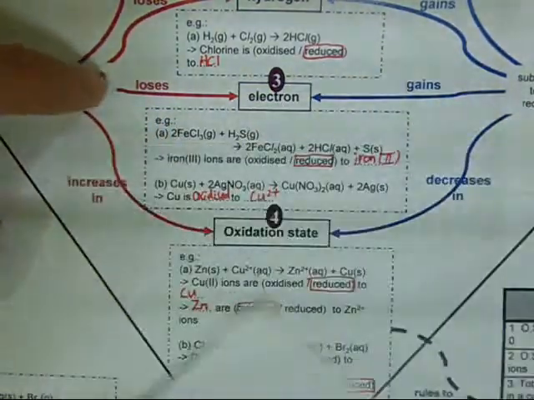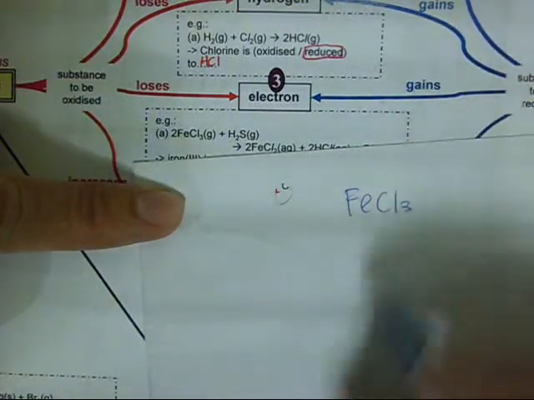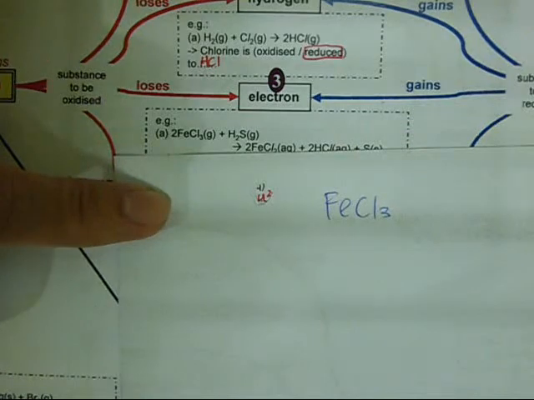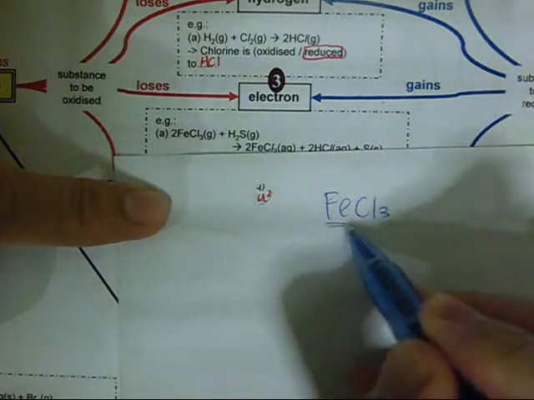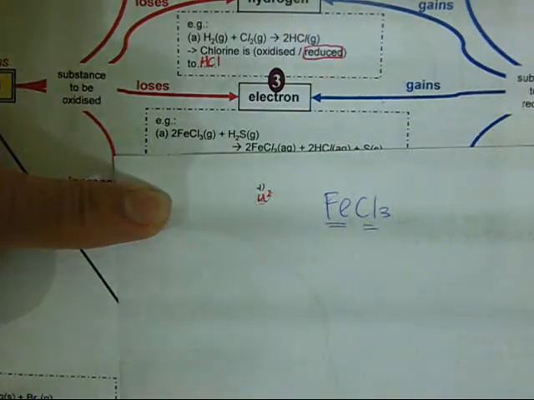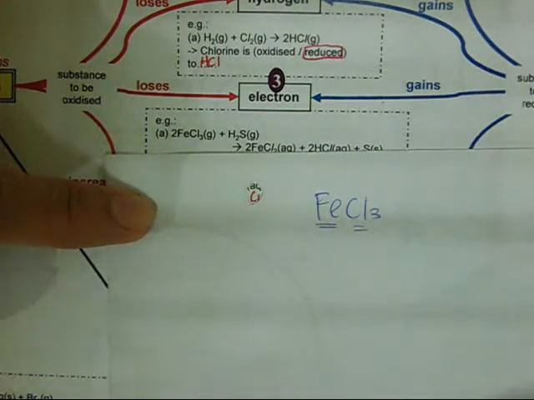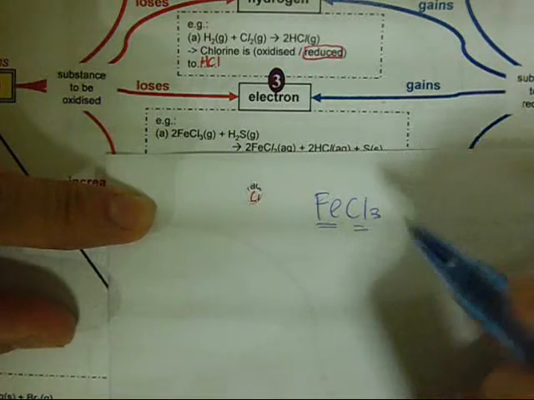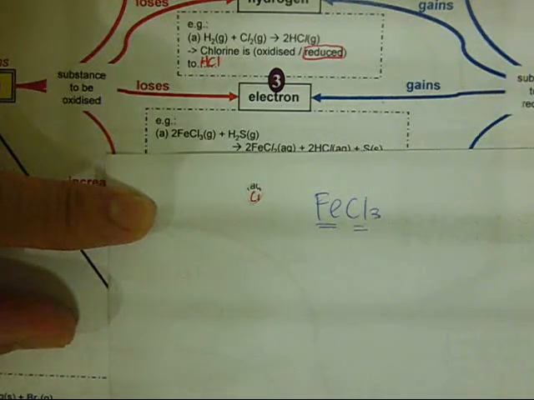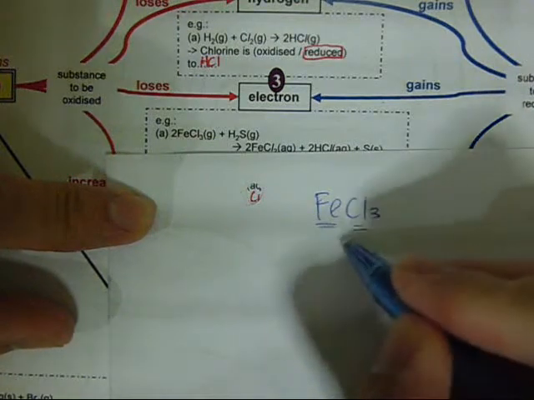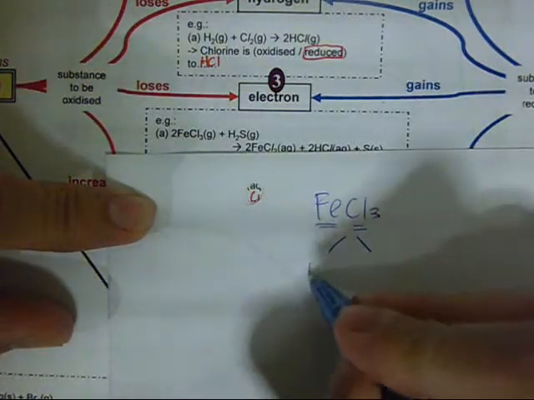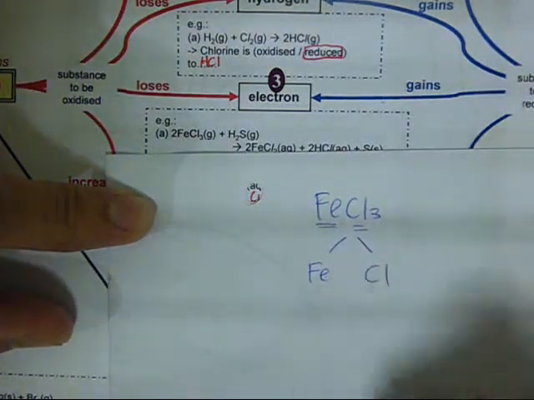If you look at FeCl3, it is an ionic compound because metal and non-metal combined together is called an ionic compound. Ion means there is a positive ion and a negative ion combined together. So you can split FeCl3 into Fe and Cl.